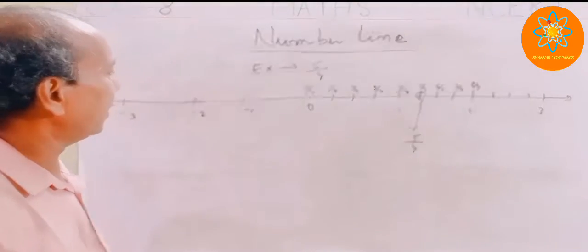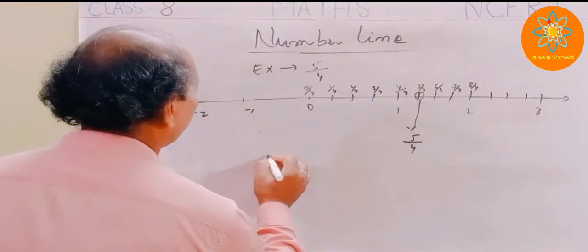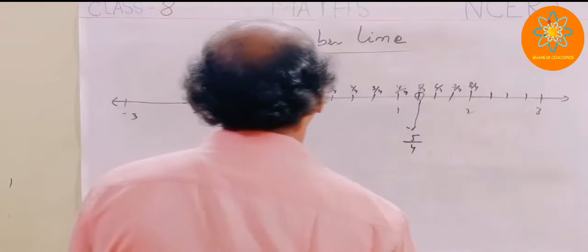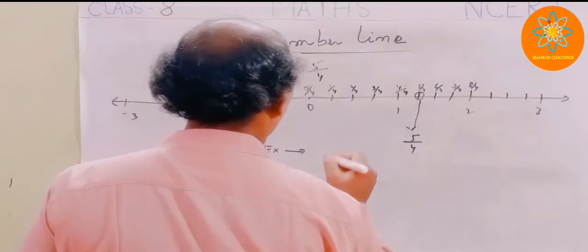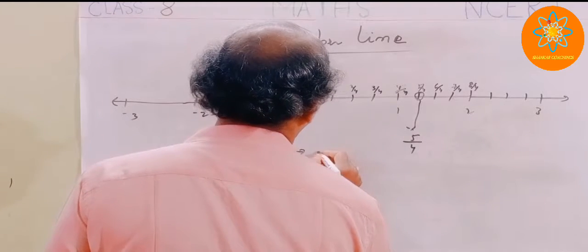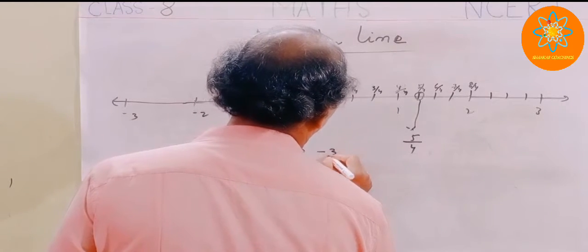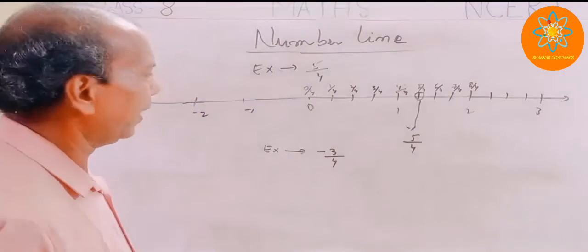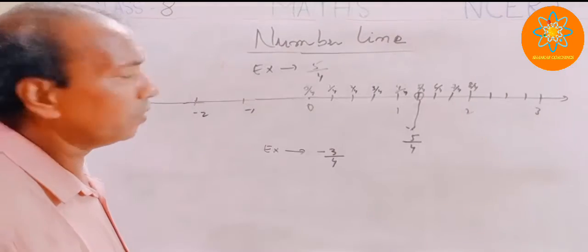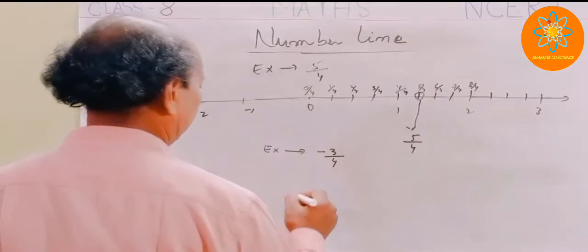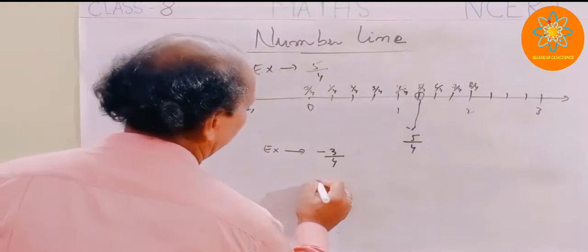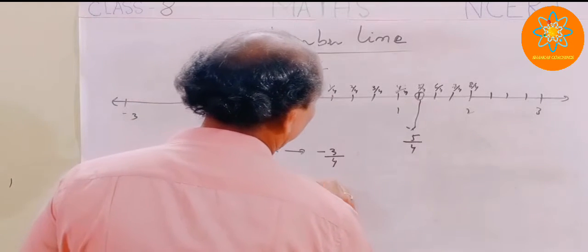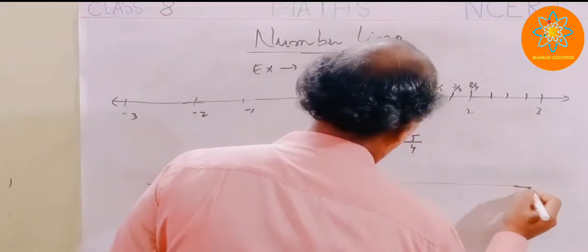Let us take another example. Let's suppose we have minus 3 by 4. I want to represent minus 3 by 4. How do I represent this one? So again, I will draw the number line of the integers.